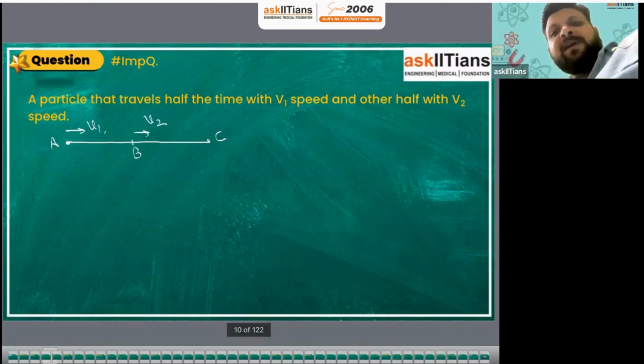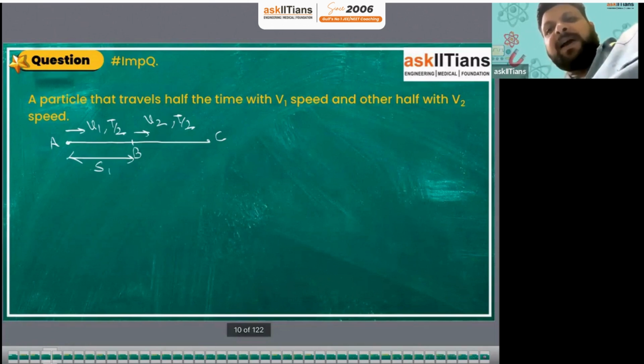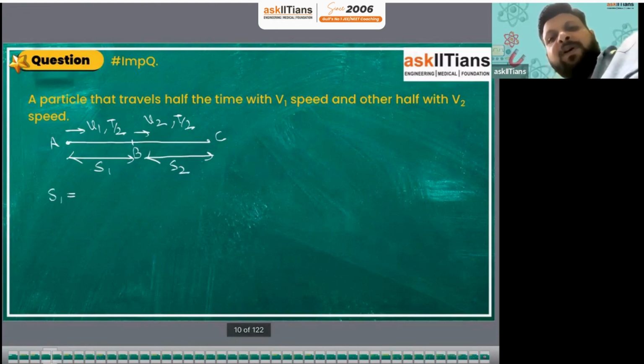Here time is T by 2 and again time is T by 2. Distance will be having some different value, S1 and S2. So you have to find out actually S1. So distance is equal to speed into time. So here speed is V1 and time is T by 2.